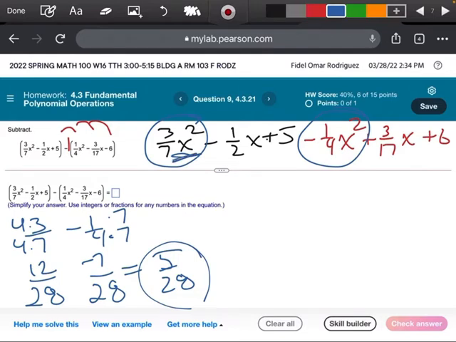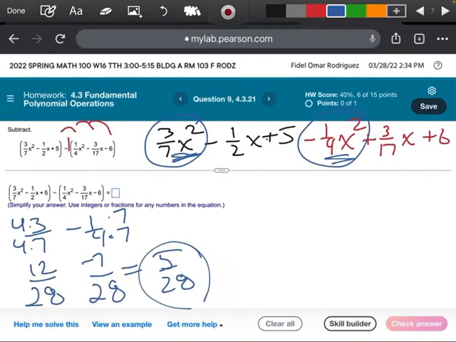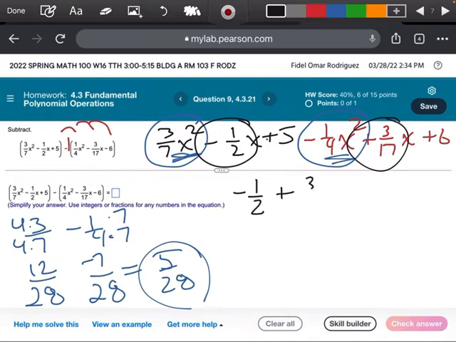Now let's do the same thing for the x's. Let's take this -1/2 and that plus 3/17. So minus 1 over 2 plus 3 over 17. My common denominator, y'all, is 34. I multiplied this one by 17, so that's a -17. I multiplied this one by 2, so that is a positive 6.